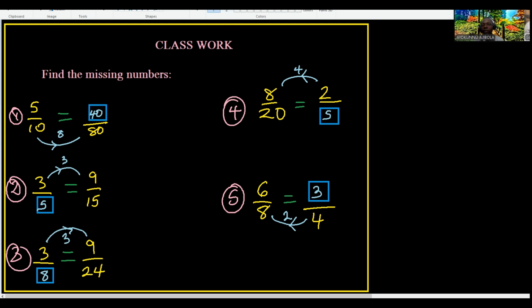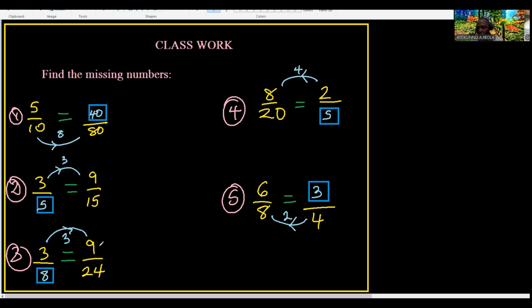And let's go back to the one we used for classwork. If we multiply forward between the denominators, we have 10 times 8 to give us 80, then 8 times 5 gives us 40. Then here, 3 times 3 gives us 9, then 3 times 5 gives us 15.